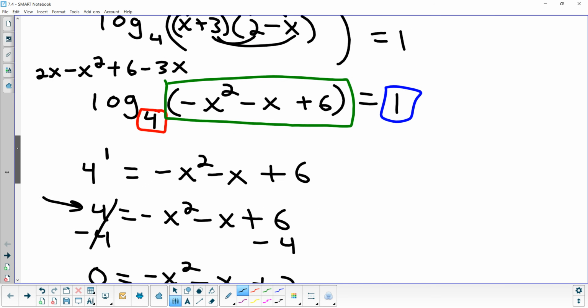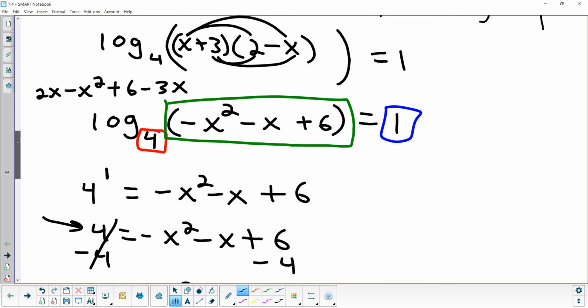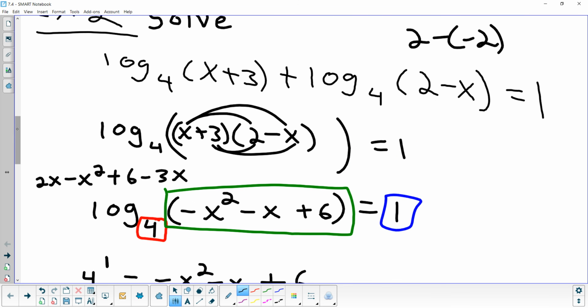Okay, so any questions on that? So very little in this problem is stuff that I had to teach you this week. Only thing that I taught you is combining 2 logarithms together and changing to exponential form. FOILing is something you would have learned before this class.